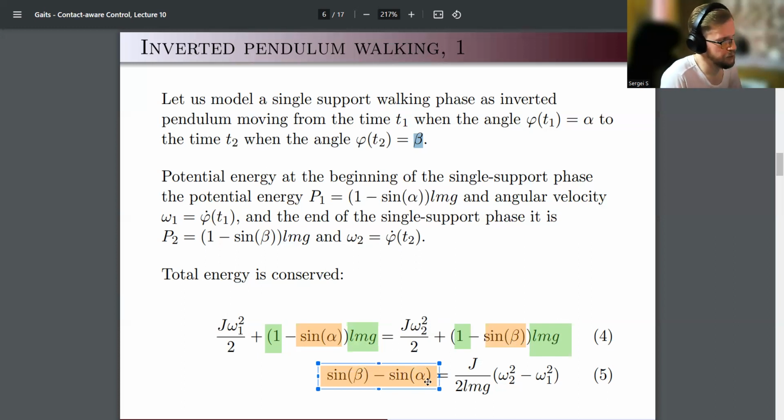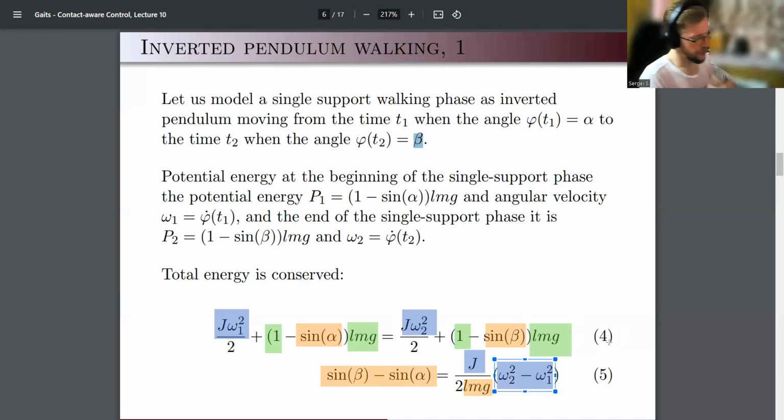Beta becomes plus, right? And lmg, we divide everything by lmg. And this we keep. So I just rewrote the same equation.